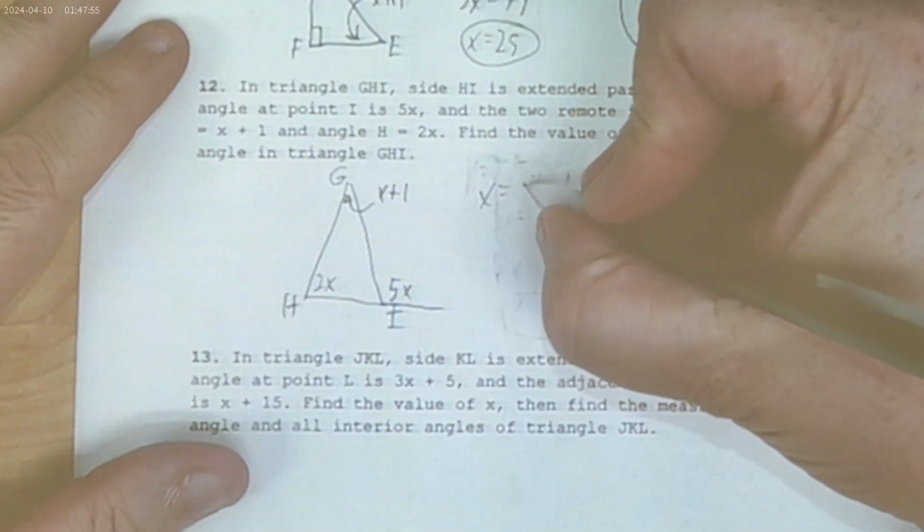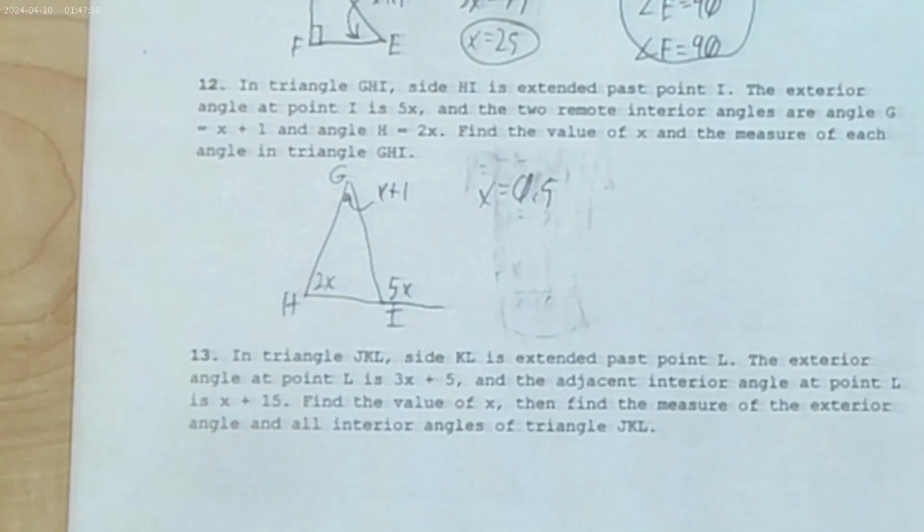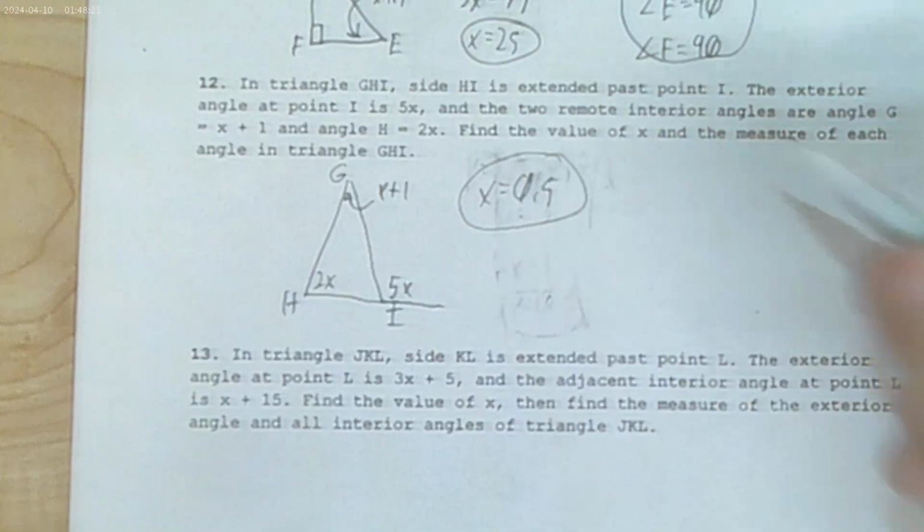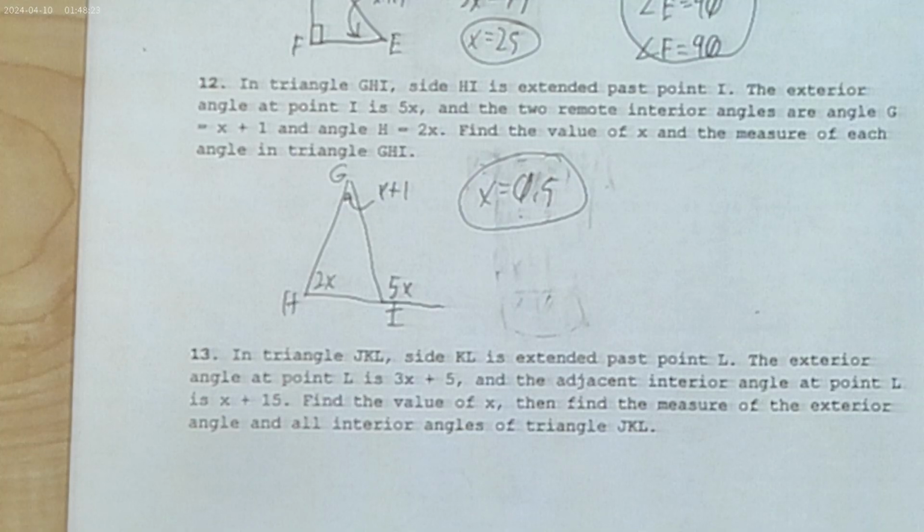x equals 0.5. I've always said that if you trust the process, then the answer will be right. If you get weird numbers but you do the right process, then the numbers are weird, but you did the right thing and you did it the right way. Find the value of x. That's the value of x. Find the measure of each angle in GHI.